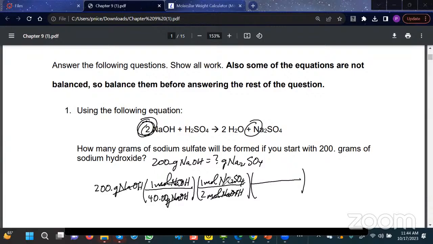You have to convert from the moles of sodium sulfate to grams. So what would go down here? One mole of Na2SO4. And what goes up top?